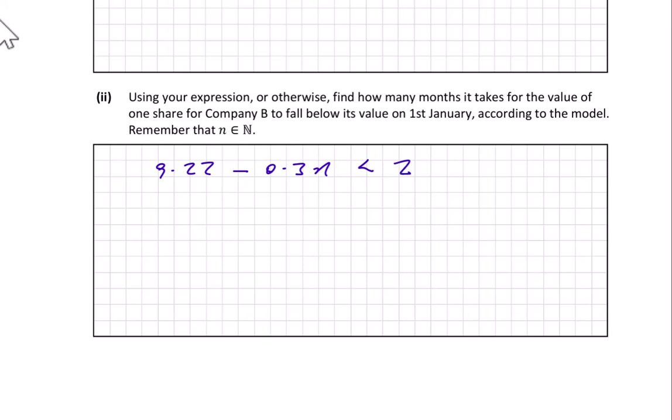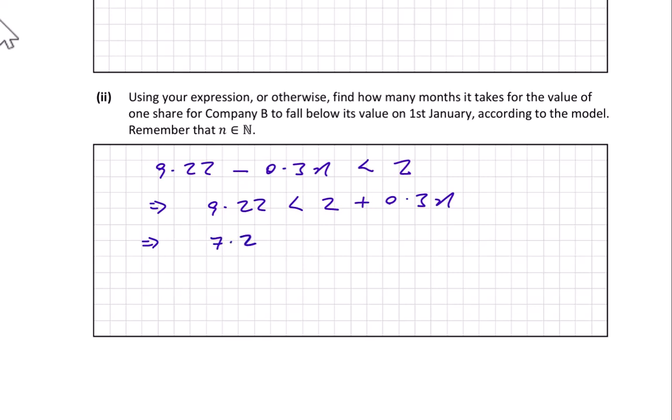So you just got to solve this. First thing I'll do is take the 0.3n and bring it over to the other side, so I'm going to add 0.3n to both sides. So that's 9.22 is less than 2 plus 0.3n. The next thing I'll do is get rid of that 2 on the right hand side, so I'll subtract 2 from both sides.